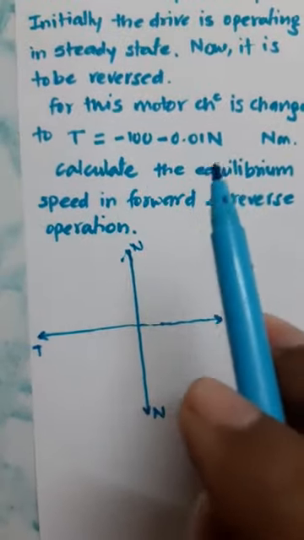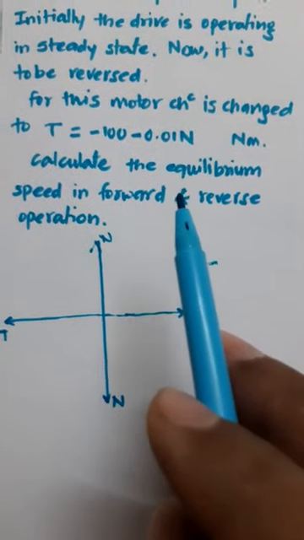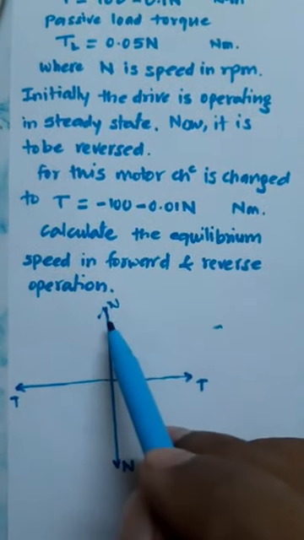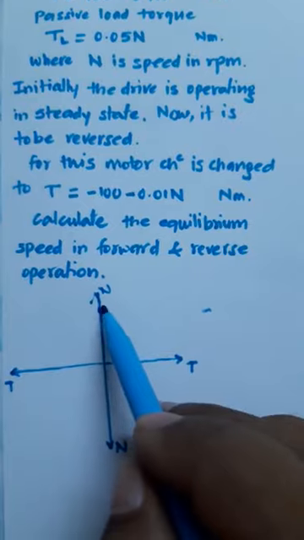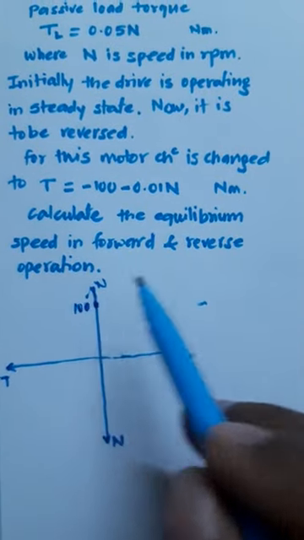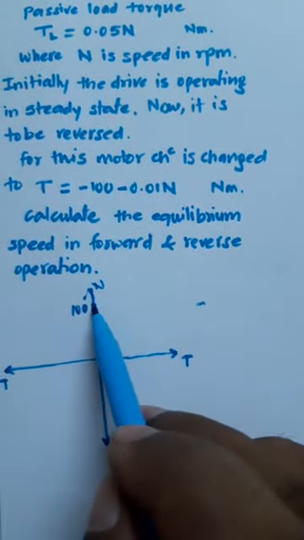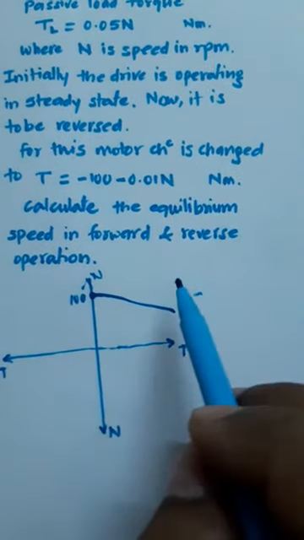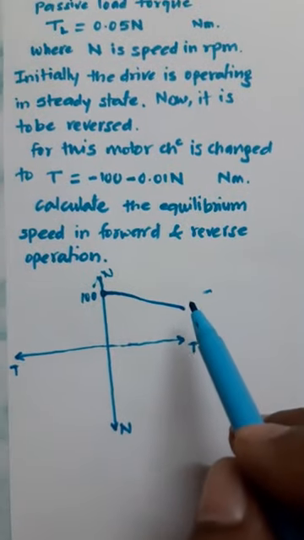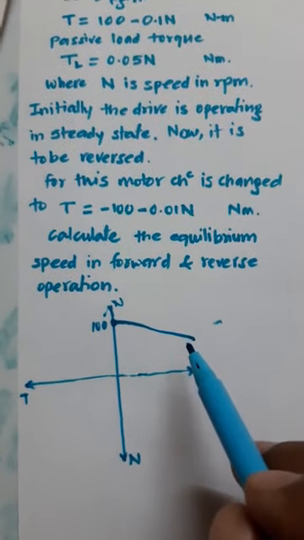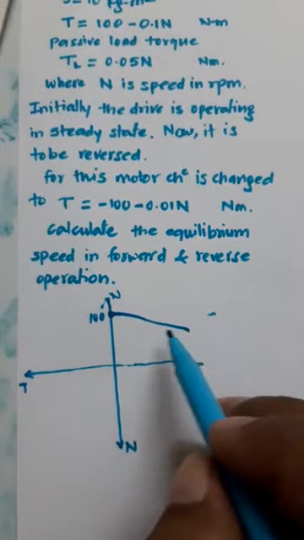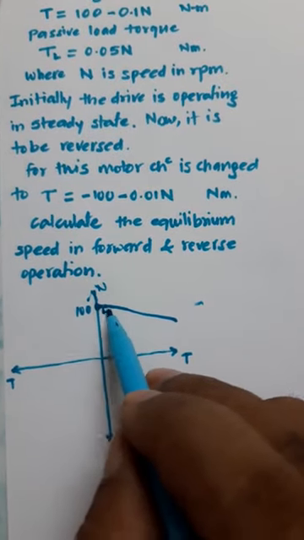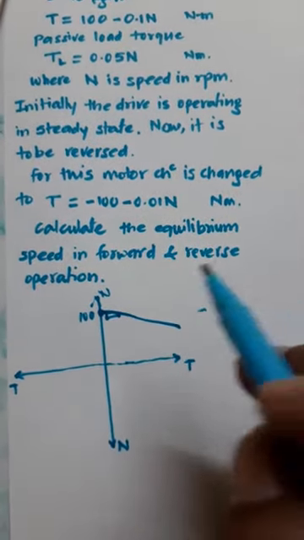Now if I plot the equations, the motor torque equation, 100 minus 0.1 N, 100 is y-intercept, so this is 100, and this is a straight line passing through 100 having a small negative slope. Okay, so this slope is minus 0.1. So if you calculate the slope of this line here, it will be minus 0.1.